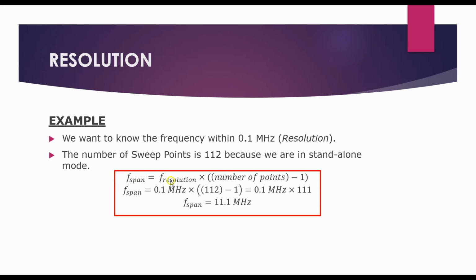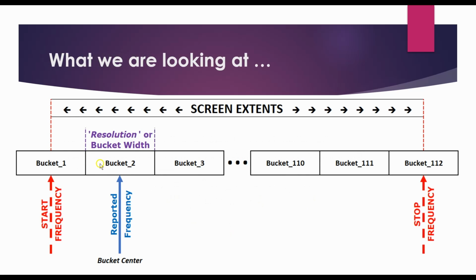The span is equal to the resolution times the number of points minus 1. So we have 0.1 megahertz times 112 minus 1, or 0.1 megahertz times 111, gives us a span of 11.1 megahertz.